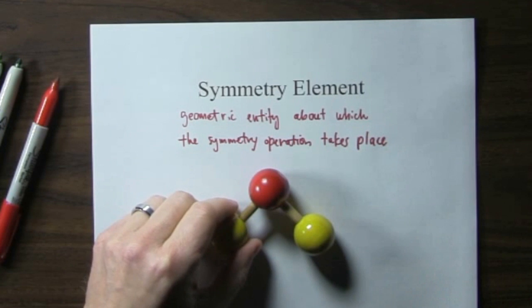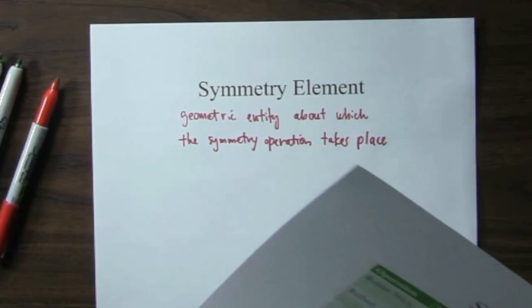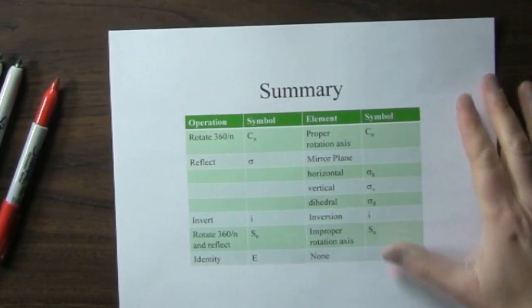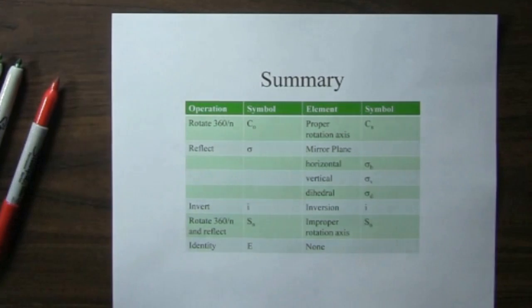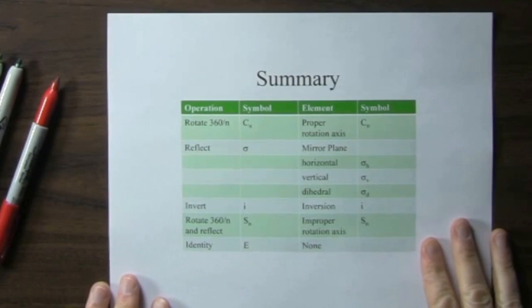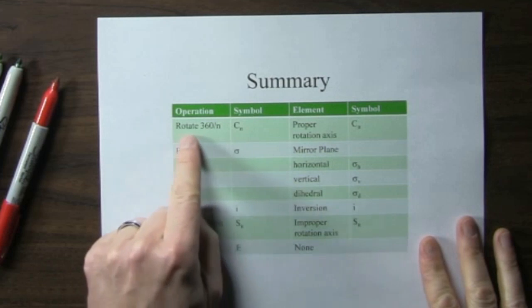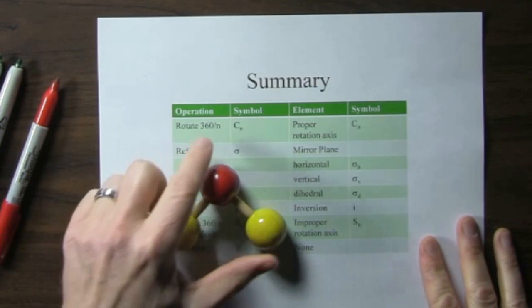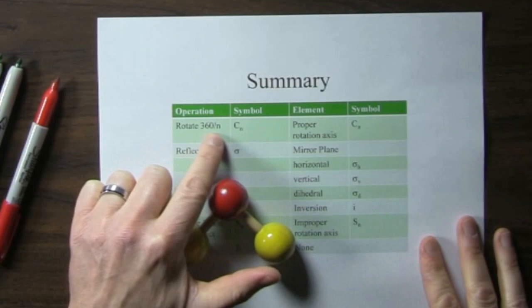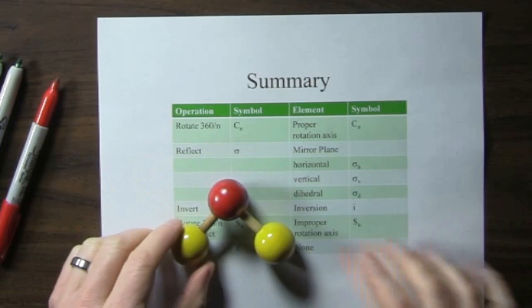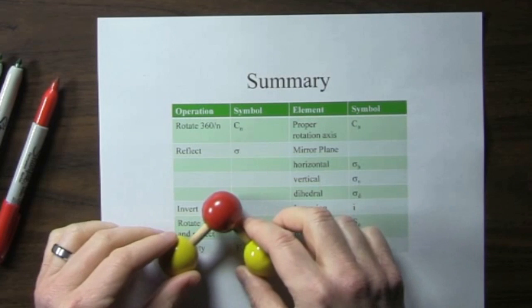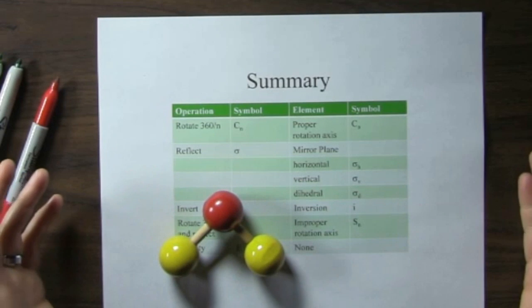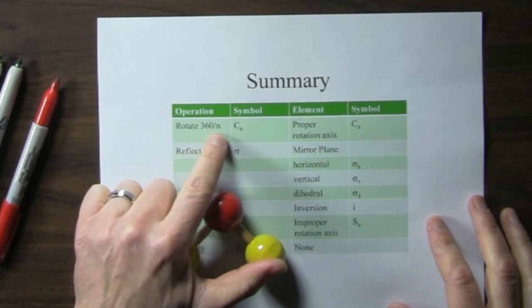So there's a whole collection of these that we use to completely describe the symmetry of objects. To summarize these, we talked about rotation. Well, we can describe that rotation in terms of how many degrees that rotation is. So my 180-degree rotation, I could say it's a 180-degree rotation, or I could say it's 360 divided by 2 is 180.